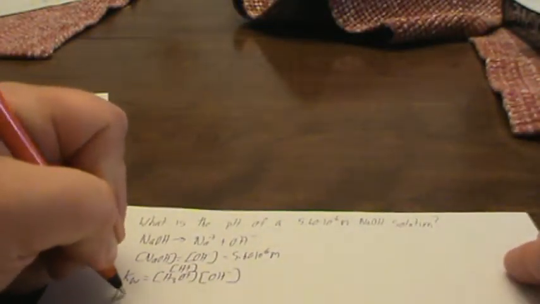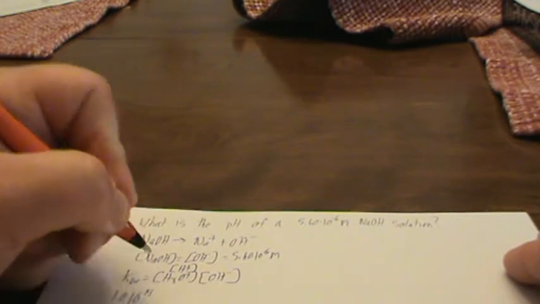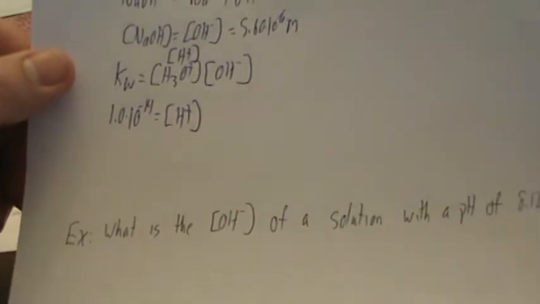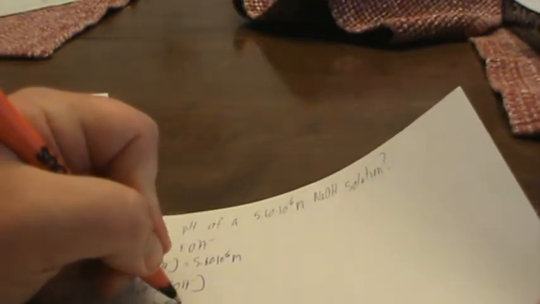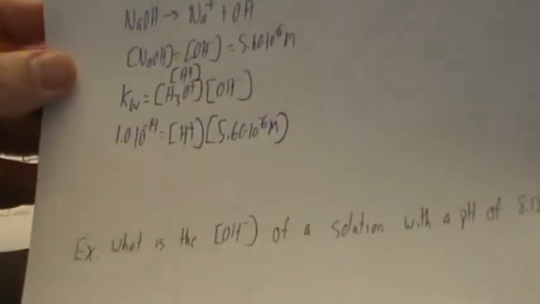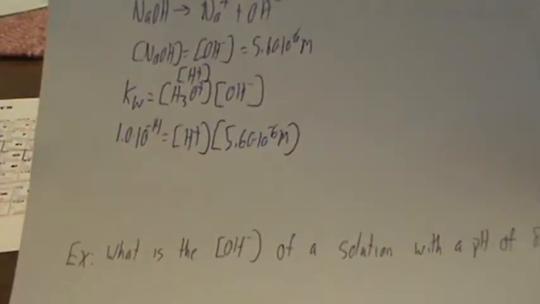So the Kw, which we found out is 1.0 times 10 to the negative 14th, is equal to, we'll just use the hydrogen ion concentration because it's a little bit easier to write, times our hydroxide, 5.60 times 10 to the negative 6 molar. So we need to get the hydrogen ion concentration by itself.